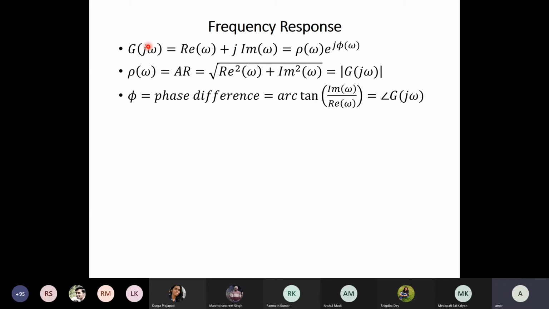These are all mathematical notations which you know already. And rho(omega), which is the amplitude ratio, can be calculated as the square root of Re squared of omega plus Im squared of omega. So the real part and the imaginary part are squared, and we take the square root, which is nothing but the modulus of G(j omega).